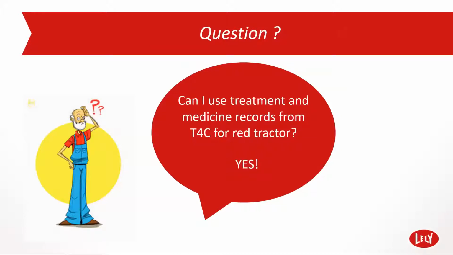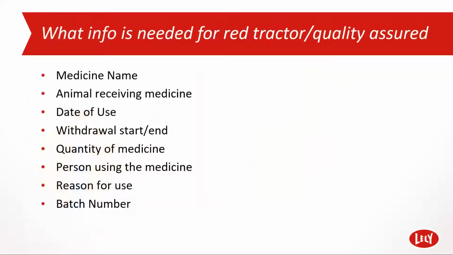Yeah, just slide for me, Morris, there. So I phoned one of the Red Tractor inspectors just to make sure I knew exactly what he needed. I've noted them down in bullet points there, and these are all things that you can get from T4C as long as we know how to put the information in the first place.